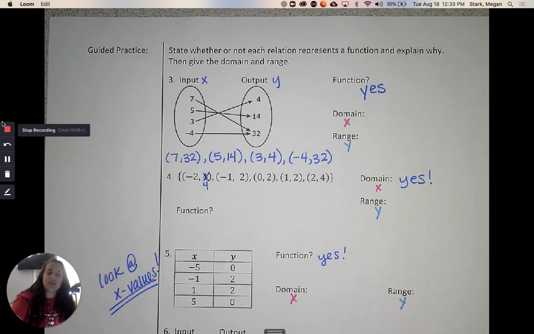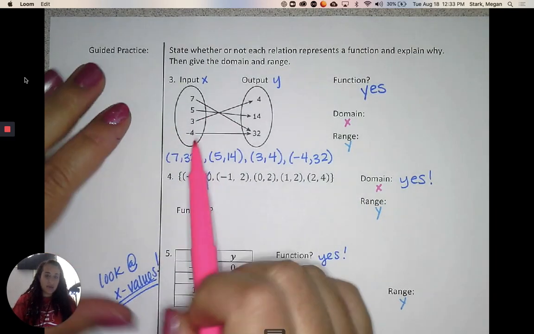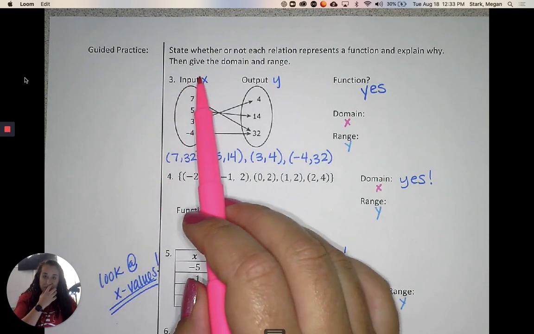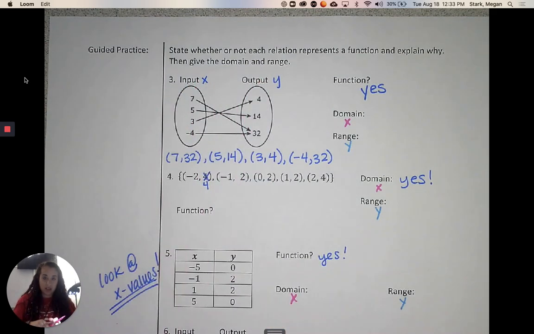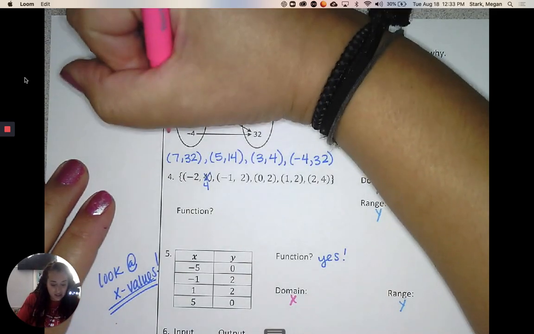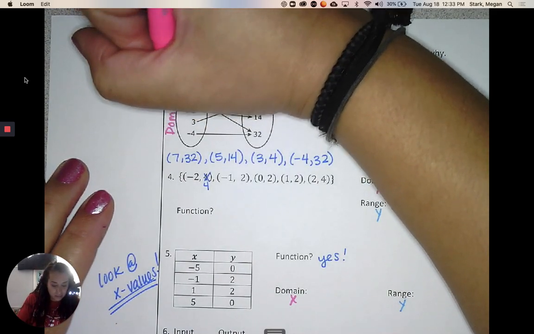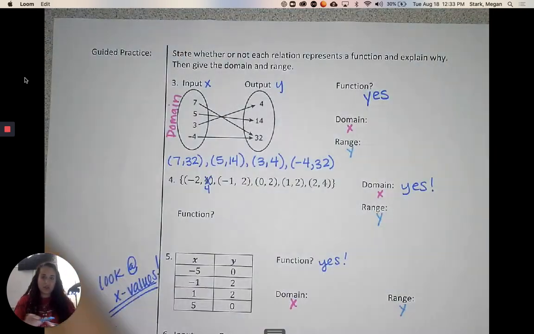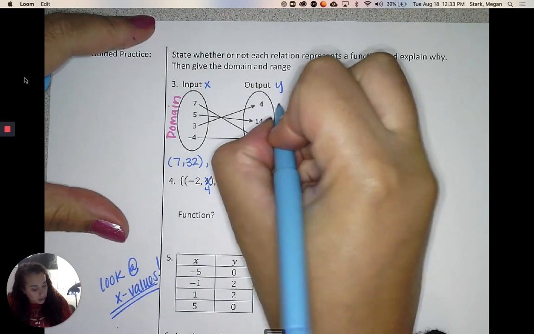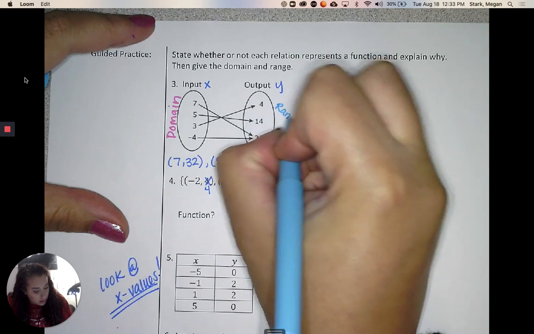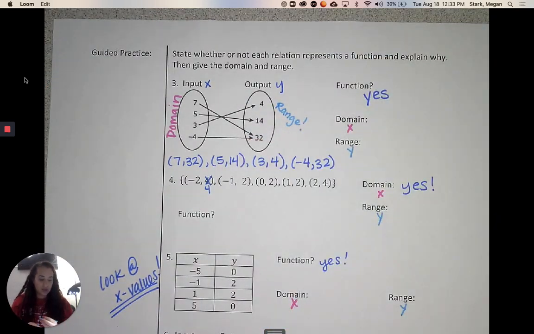All right, so looking at example 3, we already had this labeled from our previous example. Our input was our x values, our output was our y values. This actually makes it really easy for us because this is the domain, which means that this one, in this circle, is our range. Okay, now we just have to put them in order from smallest to largest.